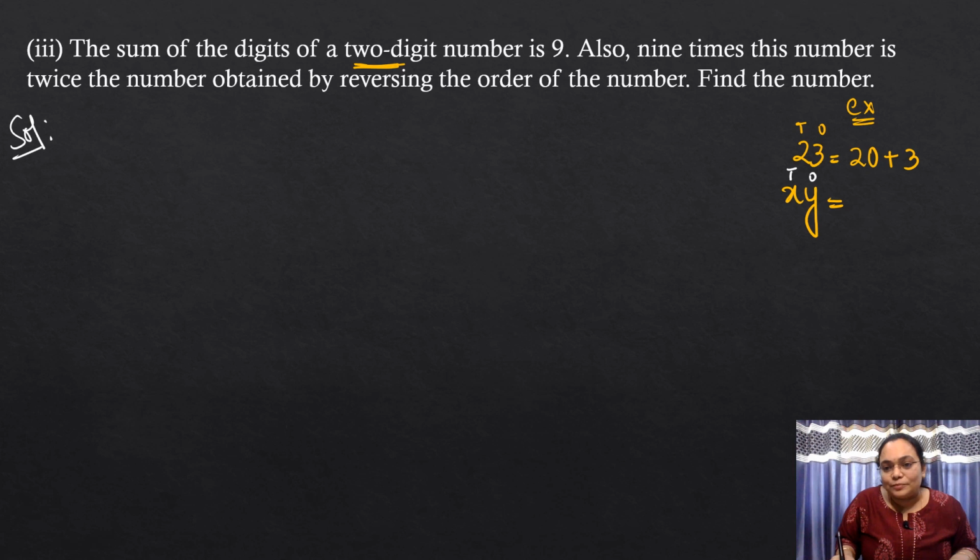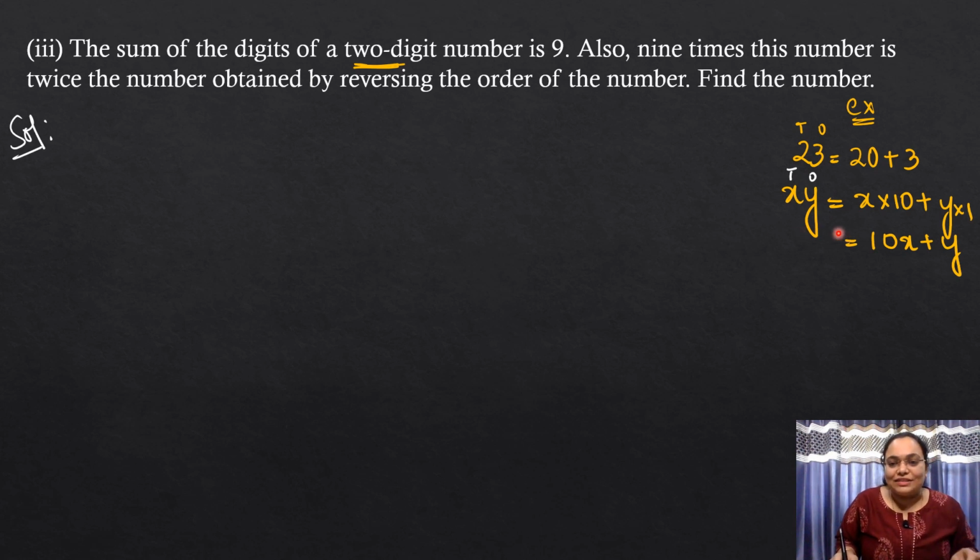You will write x into 10 plus y into 1. Correct? So, which is 10x plus y. This is the number we have got from the assumed number, that is xy.